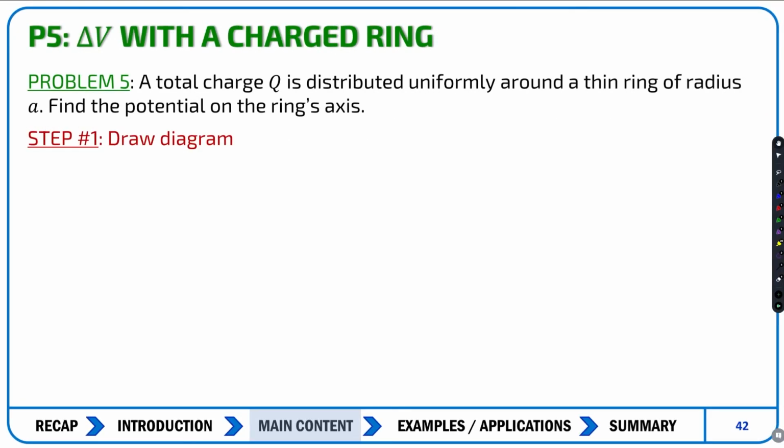We now want to figure out the potential difference with a charged ring. We always start with a diagram for these, but slowly things should get a little bit easier. A total charge Q is distributed uniformly around a thin ring of radius a. We're going to find the potential on the ring's axis. So here we have this being the axis of the ring, x direction. We'll have a charged thin ring of radius a.